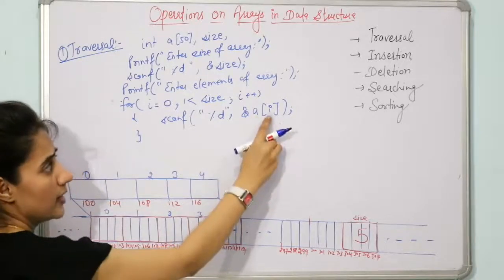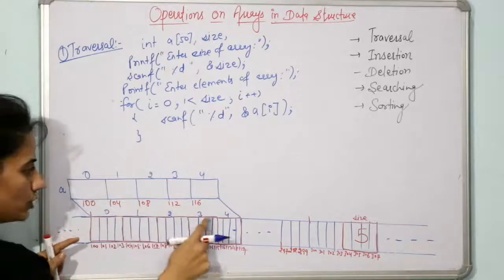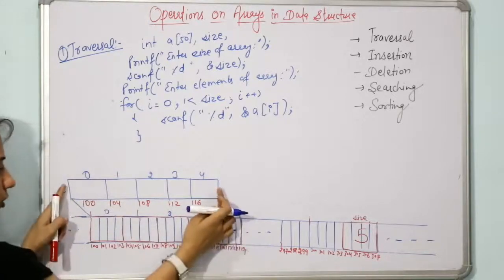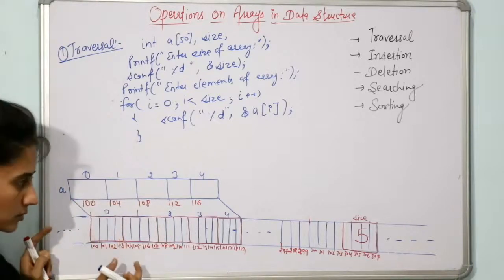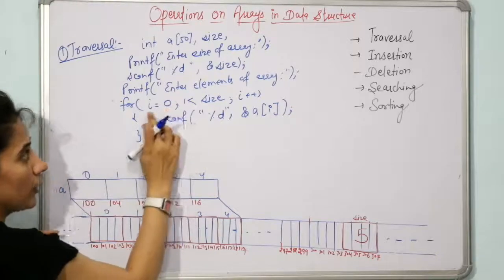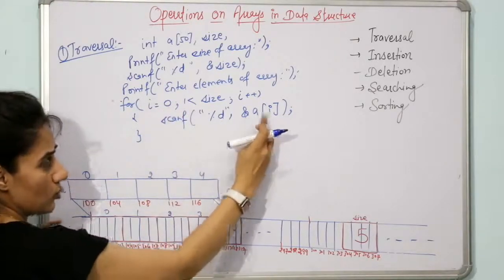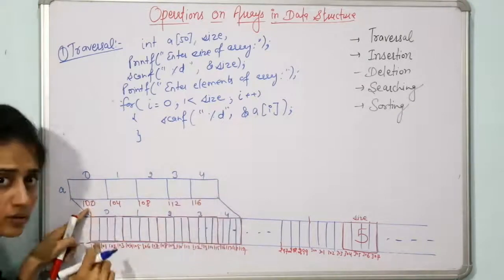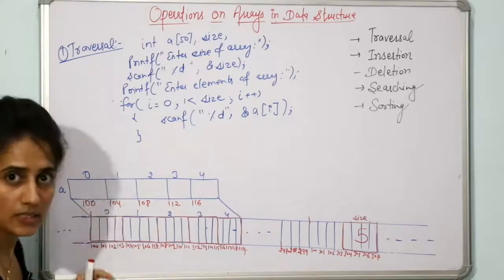Address of array name is a, and at which index you are going to store. Index would start from 0, 1, 2, 3, 4. This is how I am going to represent it. 0, 1, 2, 3, 4, each block is having 4 bytes. Fine. So this address is to be allocated. Now when i value is 0, then value would be stored at address of a of 0. Address means at value 100, a of 0 means at this index.